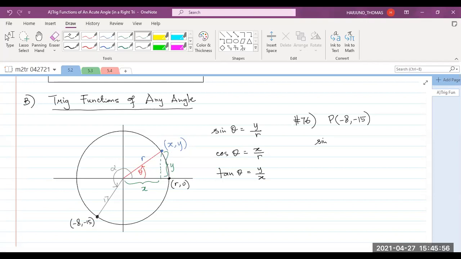Now, sine alpha, using our definition, will be y over r, negative 15 over 17. The r is always positive, 17 in this case. Cosine alpha will be x, that's negative 8, over the radius 17.